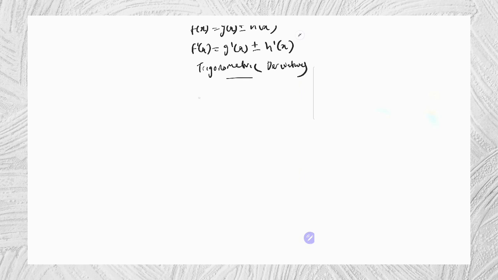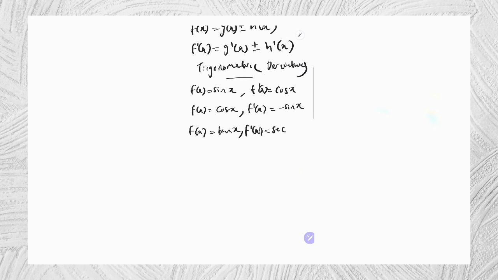Now, for trigonometric derivatives, when f of x is equal to sin x, the differentiation of f of x will give you cos x. When f of x is equal to cos x, the differentiation of f of x will give you minus sin x.